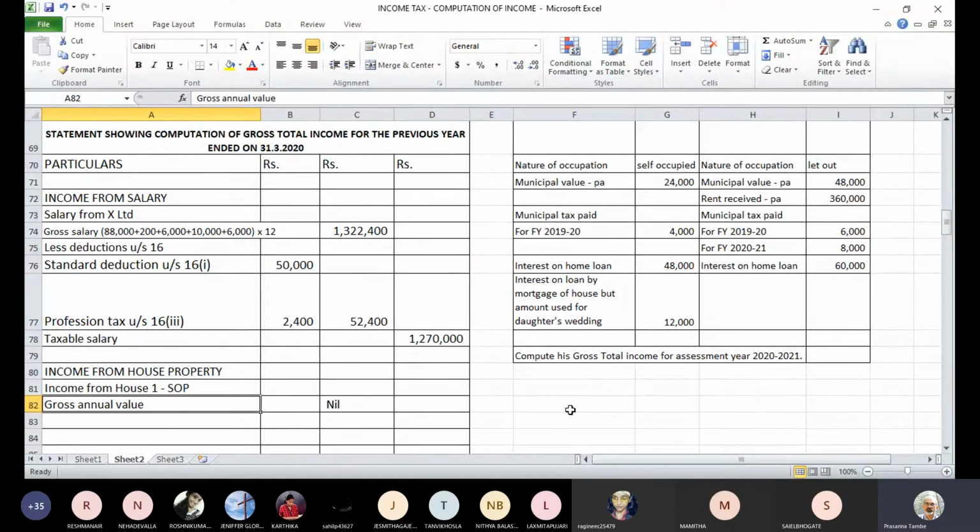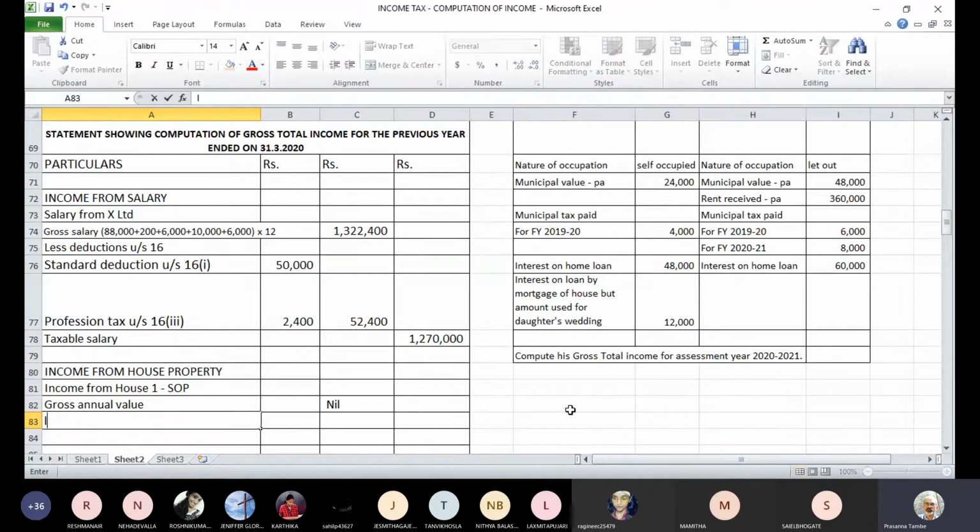The only deduction available in case of a self-occupied property is interest on loan taken for purchase, construction, acquisition, etc. of the self-occupied property. And in this case, you are given that he has taken a home loan for construction or purchase of this property, and the interest on the home loan is 48,000 for the year under reference. This is the only deduction that we can claim.